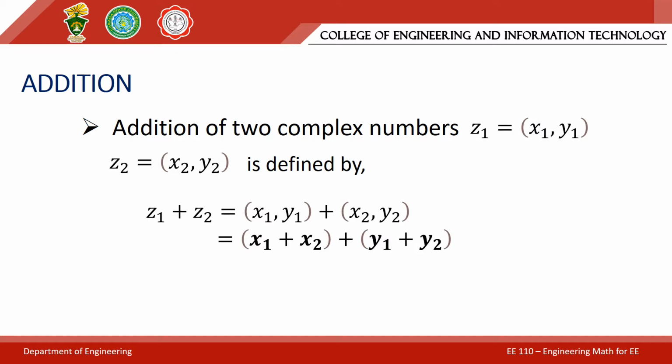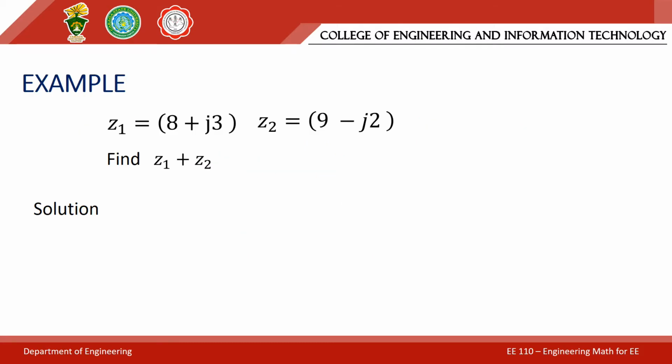Then we will just have to combine x and we will just have to combine y. Thus we have here (x1 plus x2) plus j(y1 plus y2). So these two terms refer to the basic form of complex number, wherein the first term will be your real part and the second term will be your imaginary part.